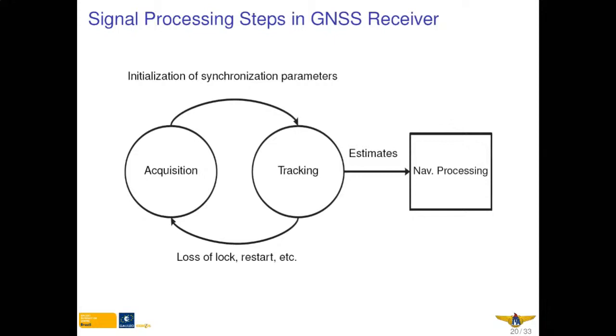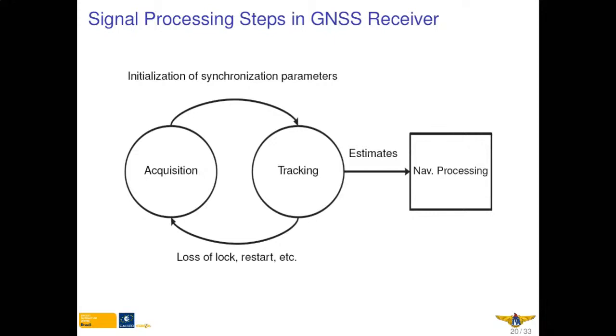Initializing the tracking is performed by a process called signal acquisition. This process also finds out what kind of satellites are available and can be received by the receiver.